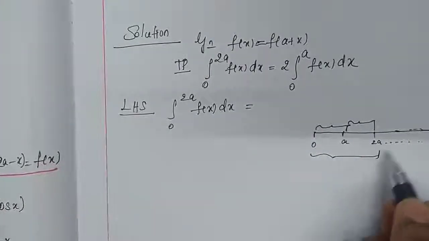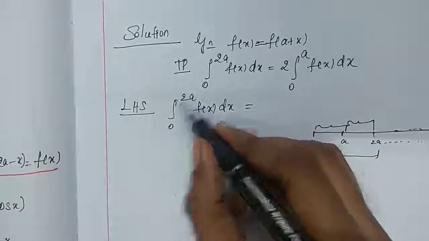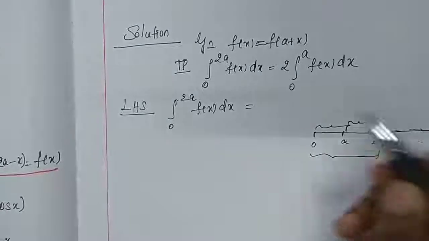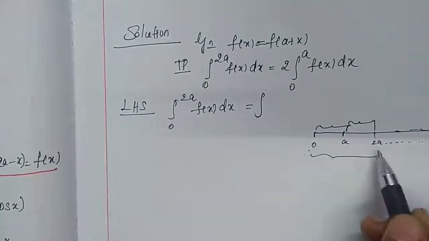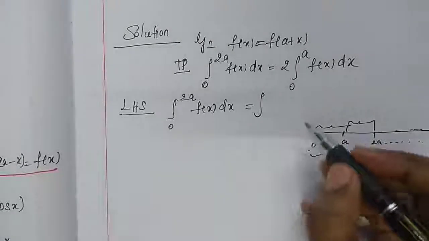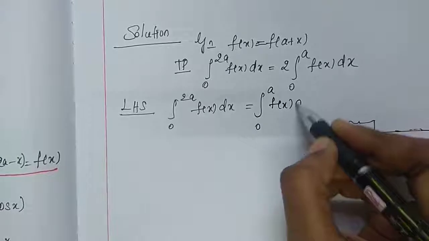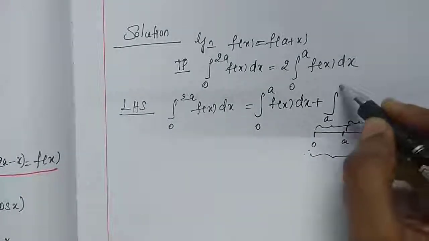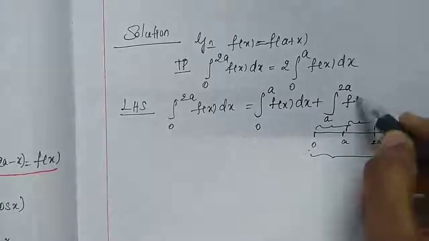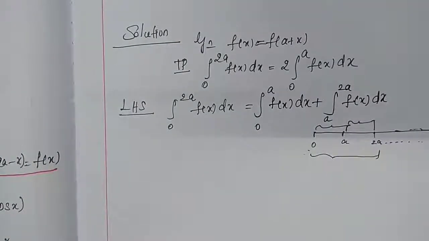Therefore, according to the number line, we divide the given integral into two sub-integrals. So we get the integral from 0 to a of f of x dx plus the integral from a to 2a of f of x dx.